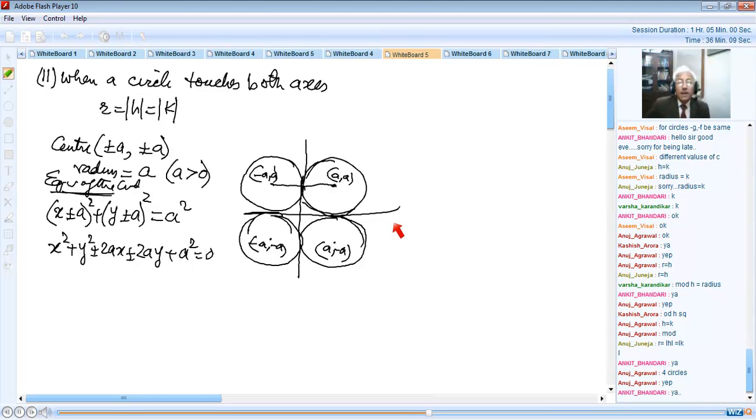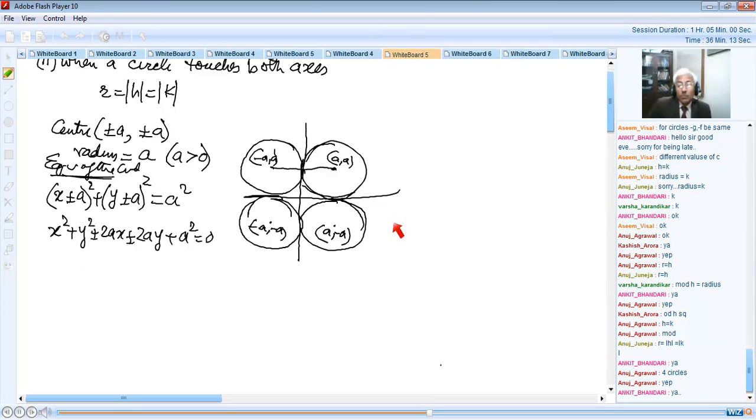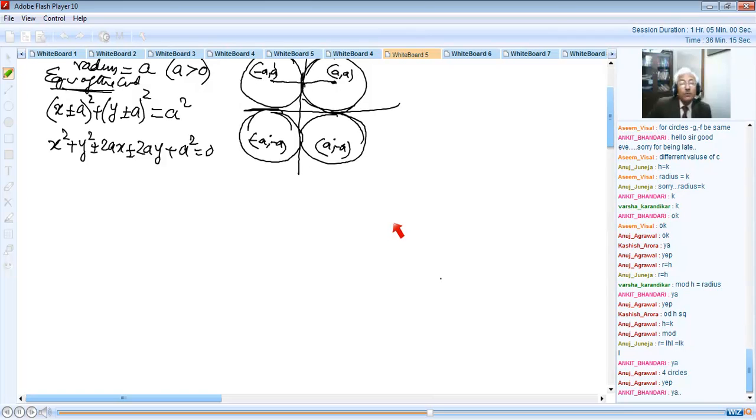Now we take up twelfth. What we want to do is find out the position of a circle. We have a circle over here, and there is a line.